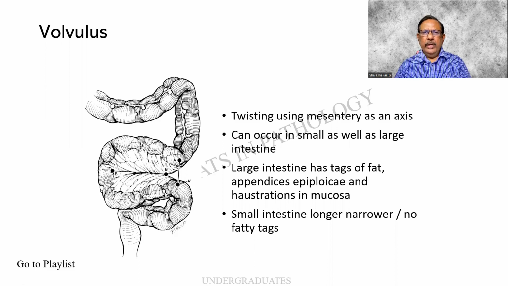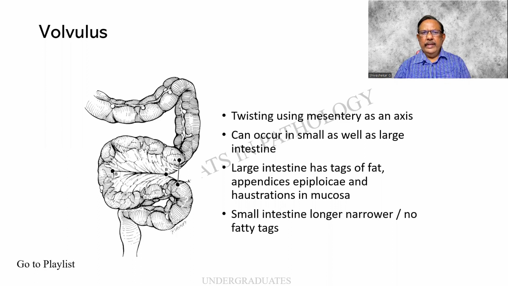Now, as a student, how do I distinguish between the small intestine and the large intestine? A common question that is asked. The large intestine is large. It has a larger diameter. There will be tags of fat on the external surface called appendices epiploicae.